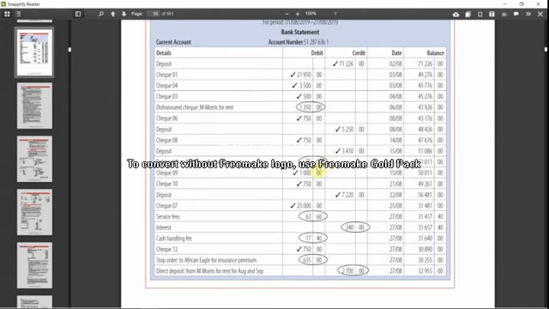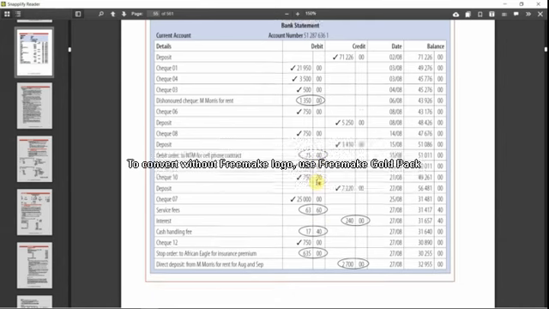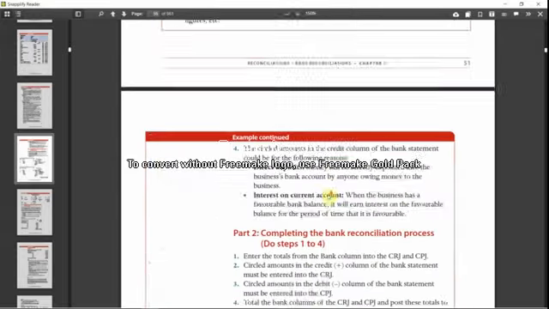So once again, we don't know about that transaction, we are only aware explicitly that it went through our bank account once we receive the bank statement.